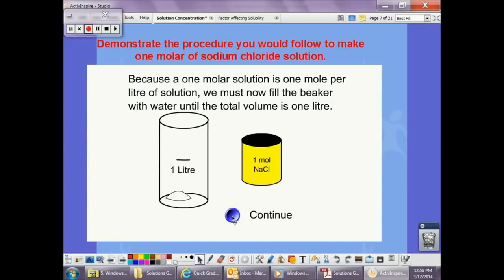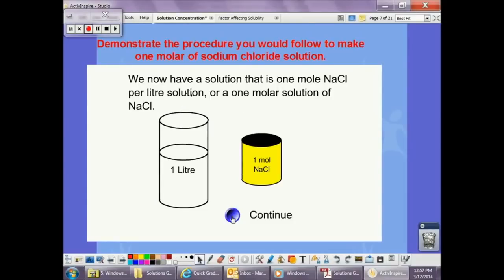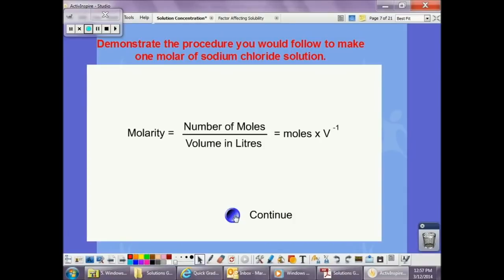You put it in your container and you add enough water to make exactly 1 liter of your total solution. Remember, I did not say to add 1 liter of water. I said to add enough water to make exactly 1 liter of your solution. Okay, so you stir it, and this is how you make 1 molar.